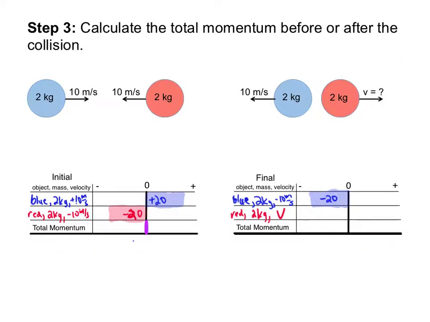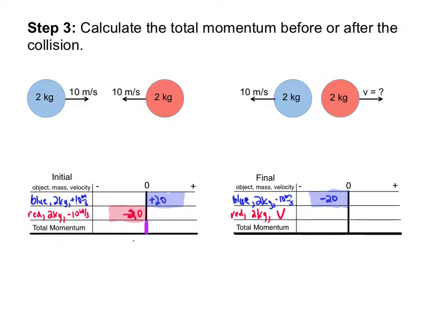So step 3 says we want to calculate the total momentum before or after the collision. Now, because we don't know everything about the final case here, we'll see that the velocity there is unknown. We can't really do anything about that. We can, however, sum up all of the momentum in the initial case before the collision.